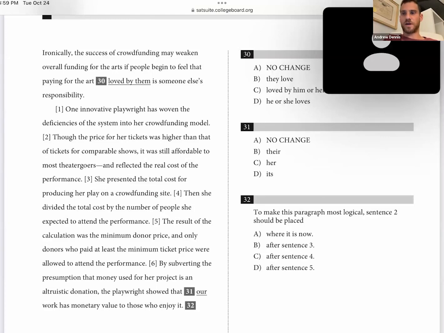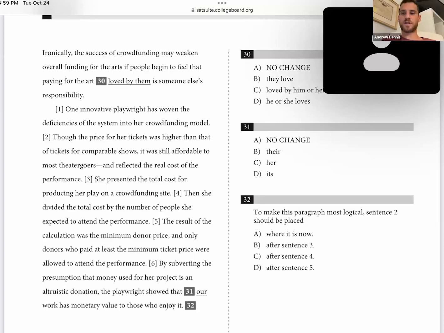The playwright showed that their, her, its work. By subverting the presumption that money used for her project is an altruistic donation, the playwright showed that whose work has monetary value to those that enjoy it? Their work? Whose work is it? Is it their work, her work, or its work? Their work.